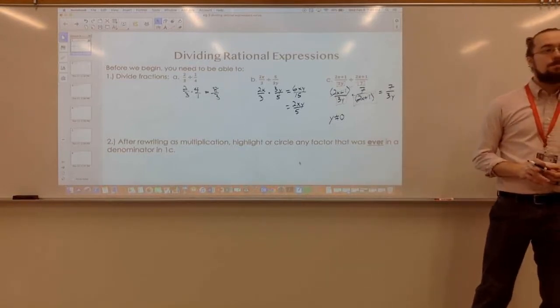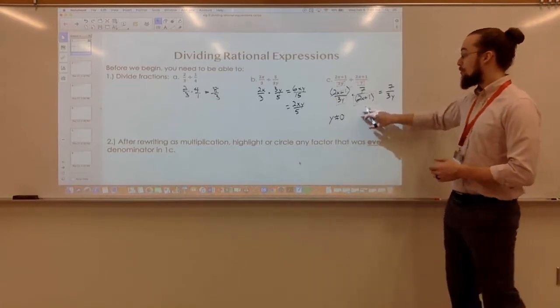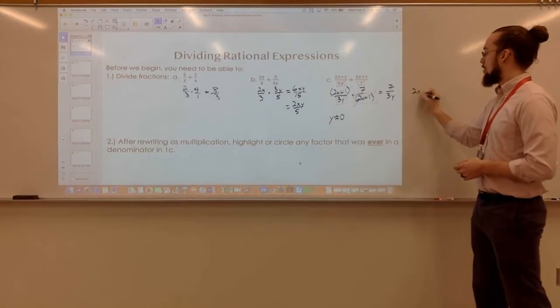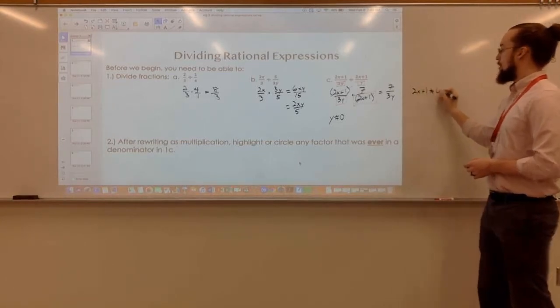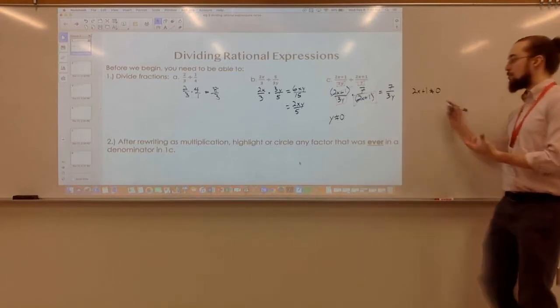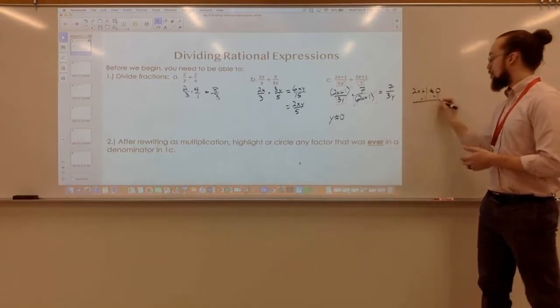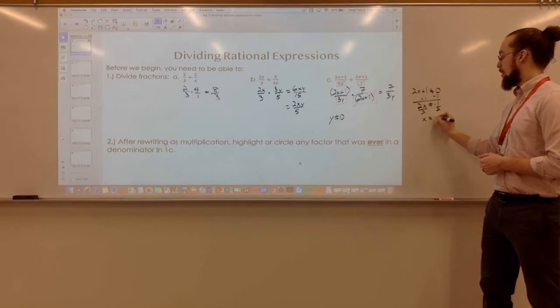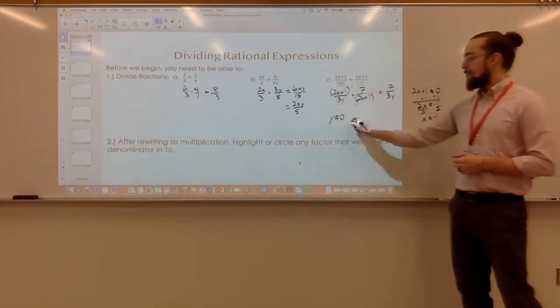How'd you get negative 1/2? Lucky guess. So if it's not immediately obvious, what we can do is take that factor and say that factor cannot equal 0. So 2x plus 1 cannot equal 0. And then we solve for x. So I get 2x cannot equal negative 1, divide by 2, and we get x cannot equal negative 1/2.